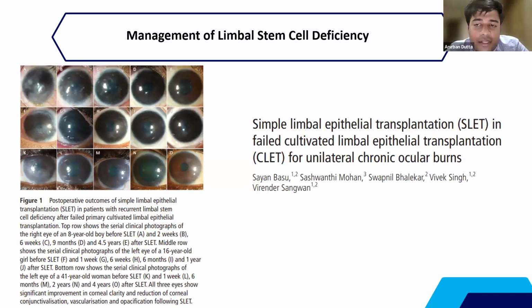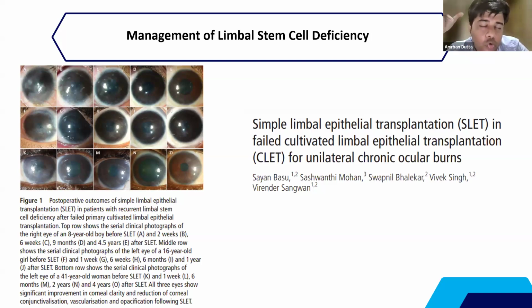However, SLET has some benefits which are making it the superior choice in most cases of chemical injury with LSCD, which you will encounter. Now, SLET was actually discovered by Dr. Sayan Basu et al.